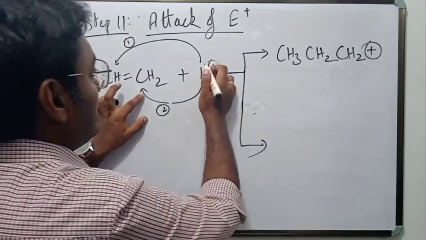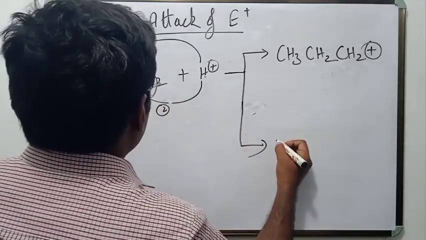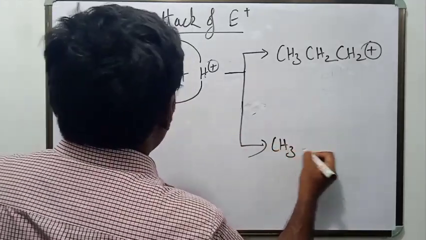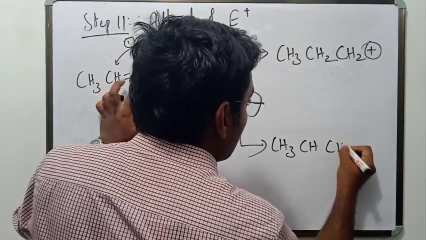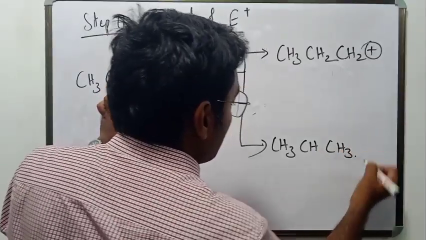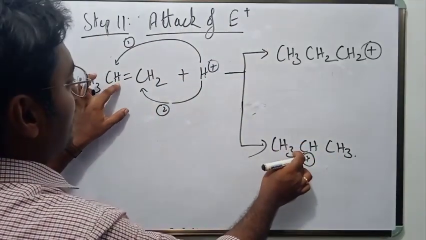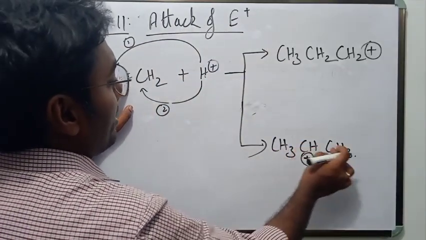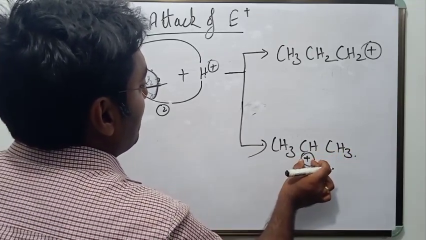And let us see what happens if case 2 occurs. CH3, CH, CH3, and the positive sign comes here because this carbon loses the electron pair to the hydrogen which gets attached here.